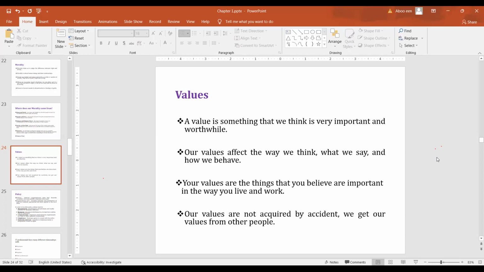Set of rules. Yeah, exactly. Policy means a set of rules. Okay. What else? Any other idea?